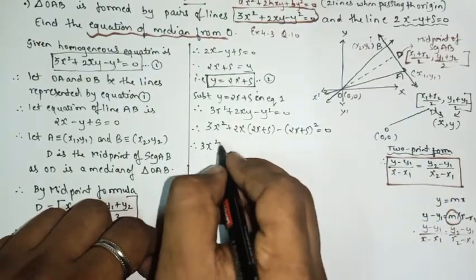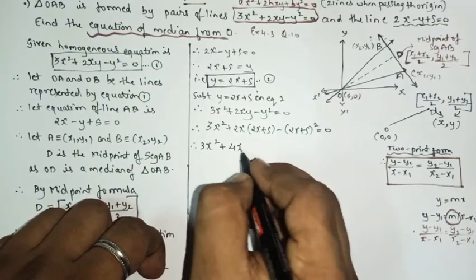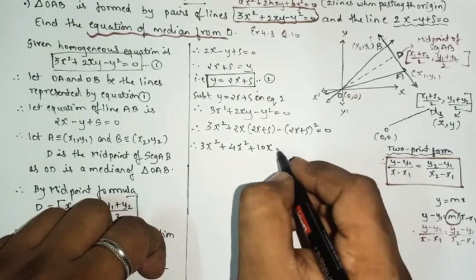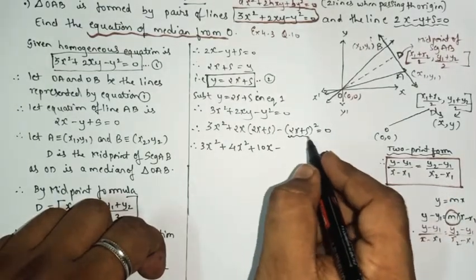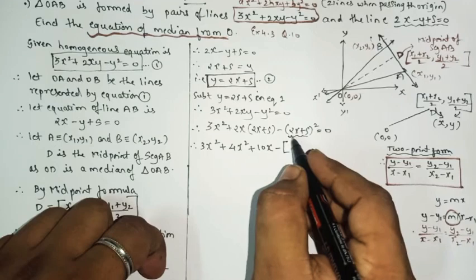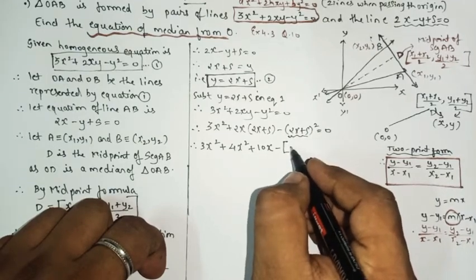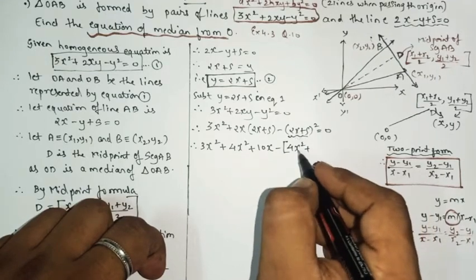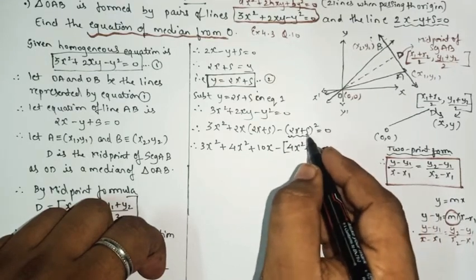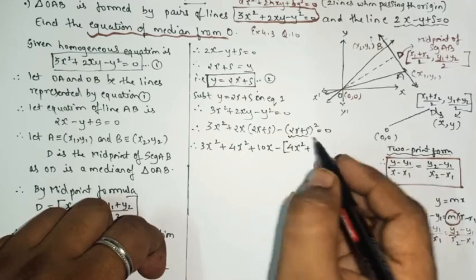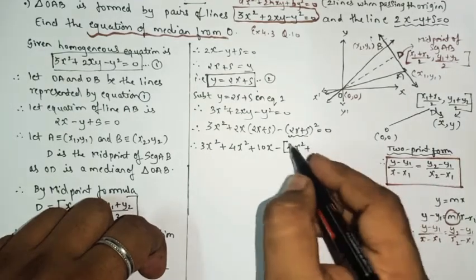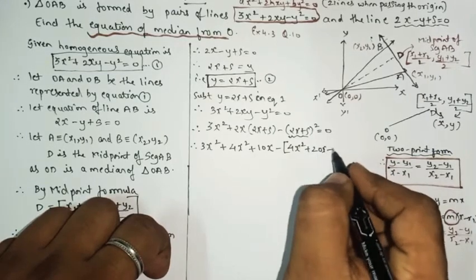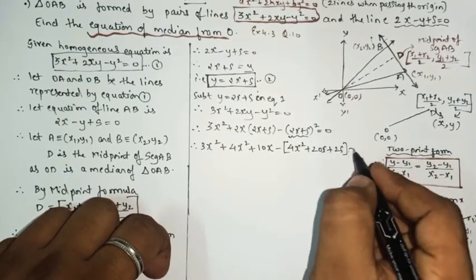So 3x square plus bracket open, 4x square plus 2 5s are 10x, minus, first apply the formula. It looks like a plus b the whole square, so this will be 4x square plus a square plus 2ab, 2 4s are 8, 4 5s are 20. I hope you all know the formula a plus b the whole square. So 20x plus 5 square is 25 equals to 0.